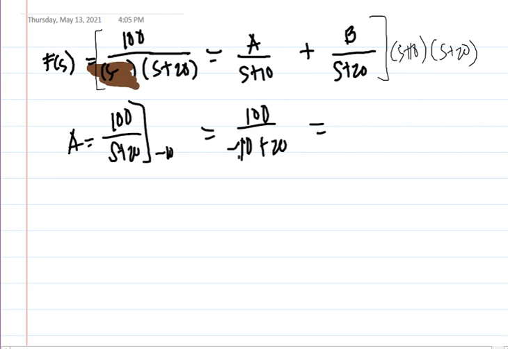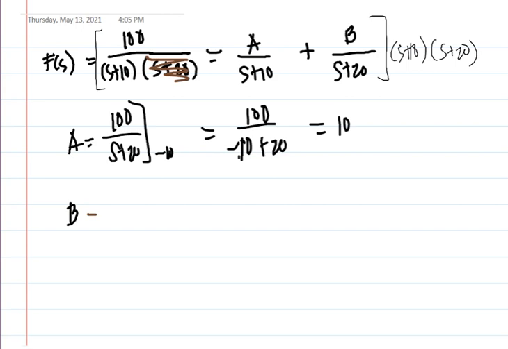So, our A is equal to 100 over 10, so that is equal to 10. Same with our letter B. But this time, the term we will cover is this one. So I cover S plus 20. What remains in our equation will be equal to 100 all over S plus 10.